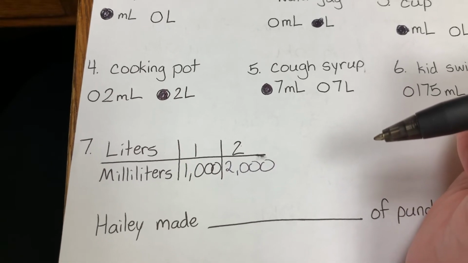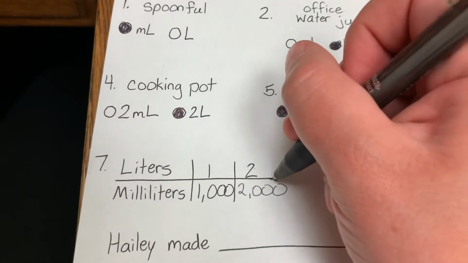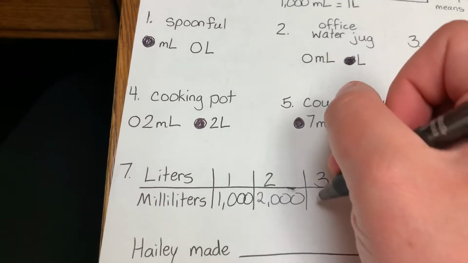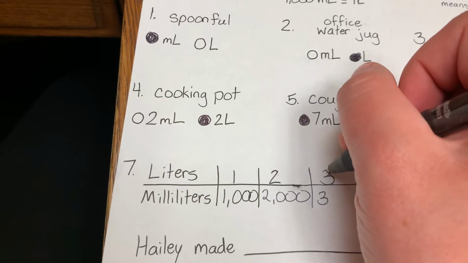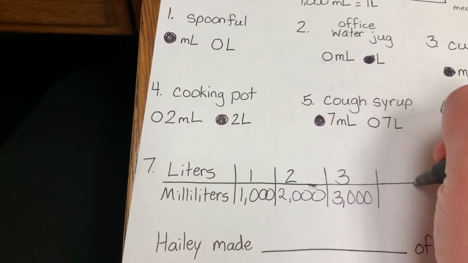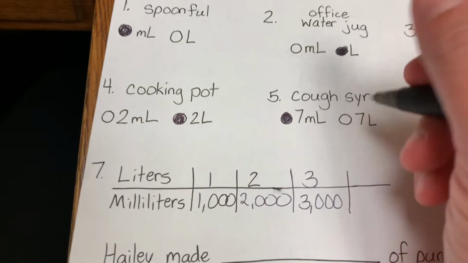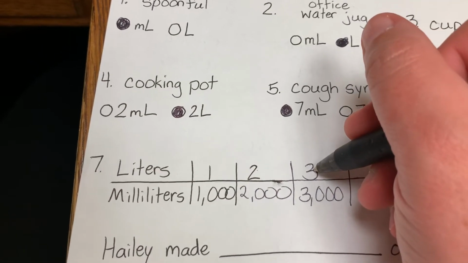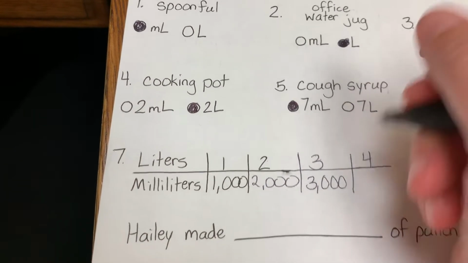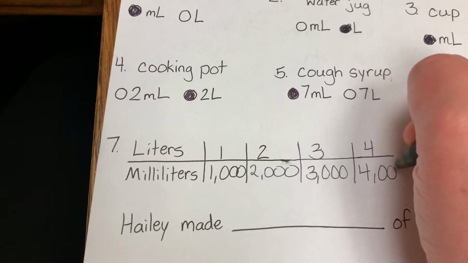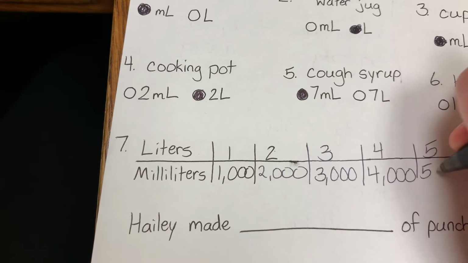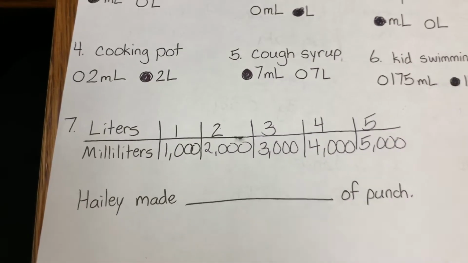And this isn't on your workbook page, but let's keep going. If I keep going, 3 liters would be 3,000 milliliters. 4 liters would be 4,000 milliliters. 5 liters would be 5,000 milliliters, and so on.